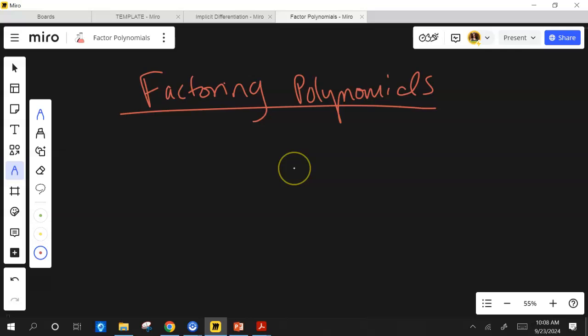Now, let's talk about two more patterns that come up with polynomials. It's the square root. I use this pattern.